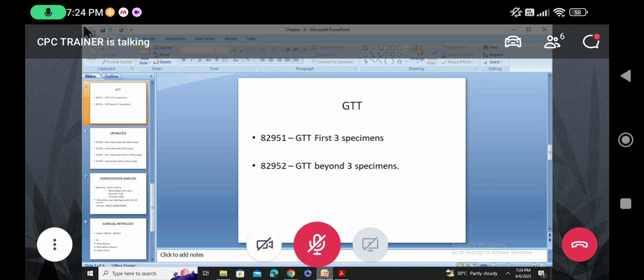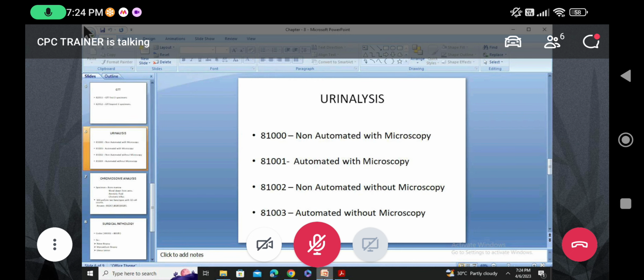Clear? That's all, guys. So this is for GTT. So panel coding, GTT, and then drug testing. And next one, please note down urine analysis, guys. Once you note this down, please update me.